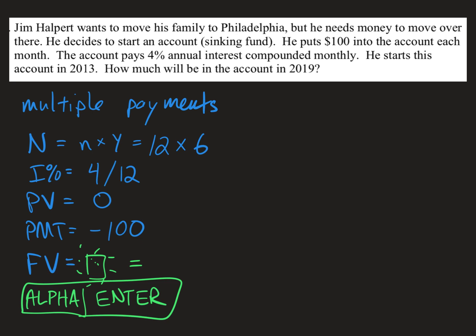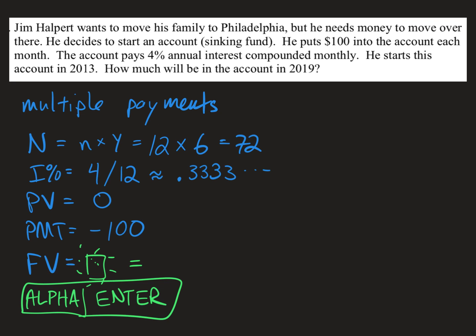Another quick note before I get into the answer, you can type 12 times 6 right into the calculator for this value, and it'll simplify it for you to be 72. And you can also just type this in as well, right into the calculator, and it'll give you approximately 0.3333 forever.